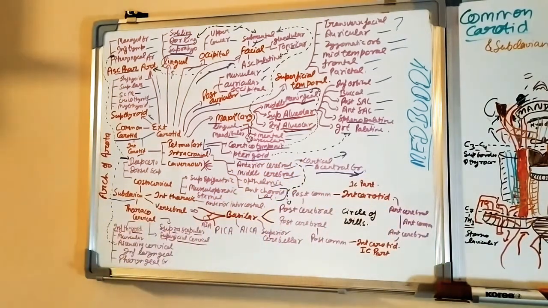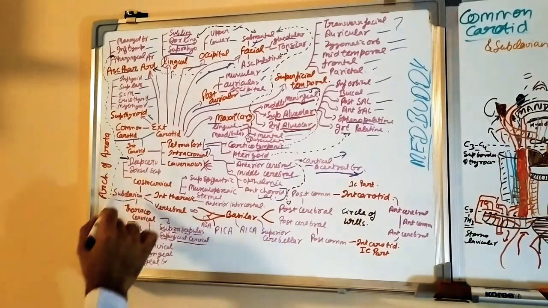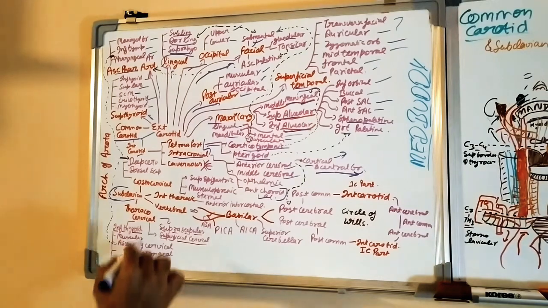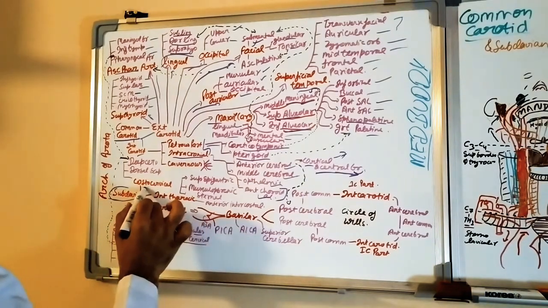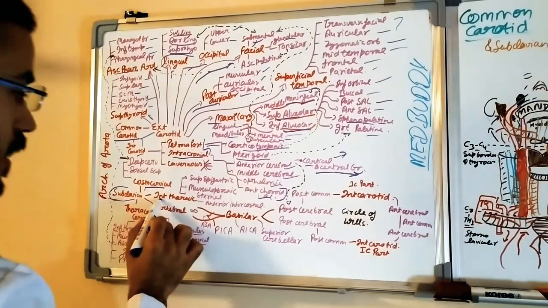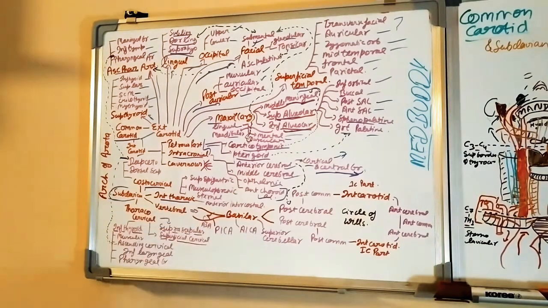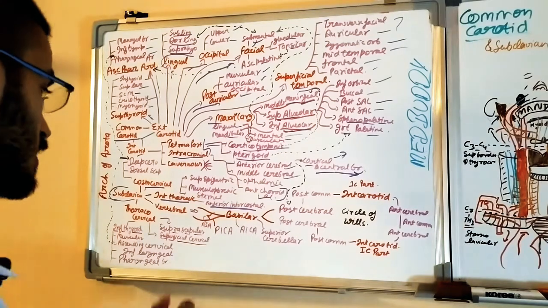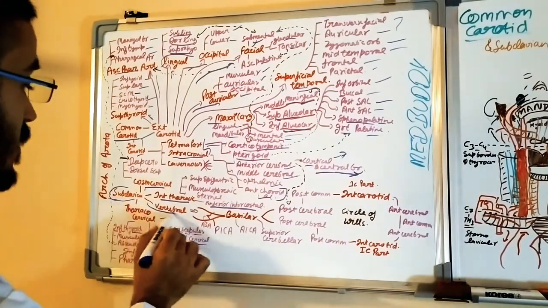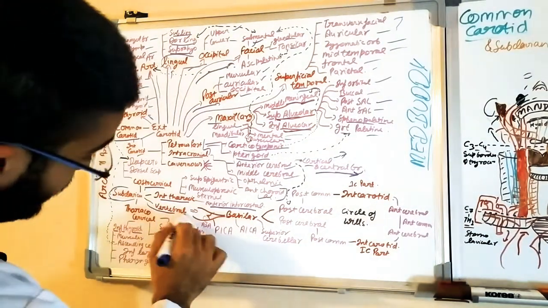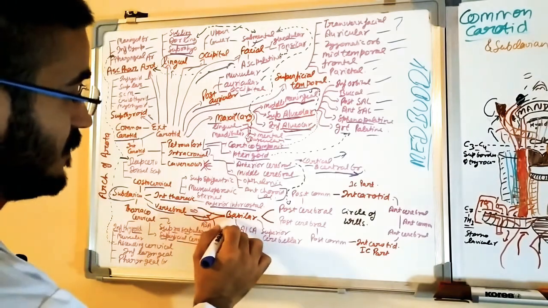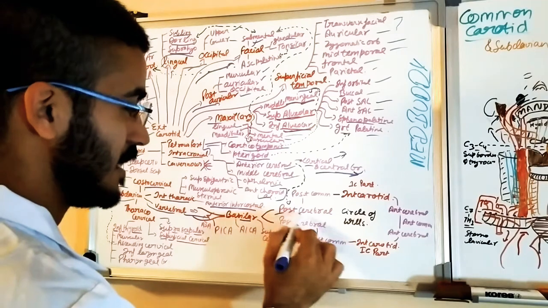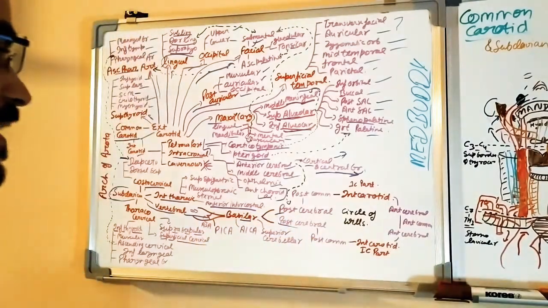The other branches come from the subclavian artery. This artery gives the costocervical trunk, the internal thoracic artery, which gives anterior intercostal branches, and the vertebral artery, which forms the basilar artery, giving finally the posterior cerebral artery.